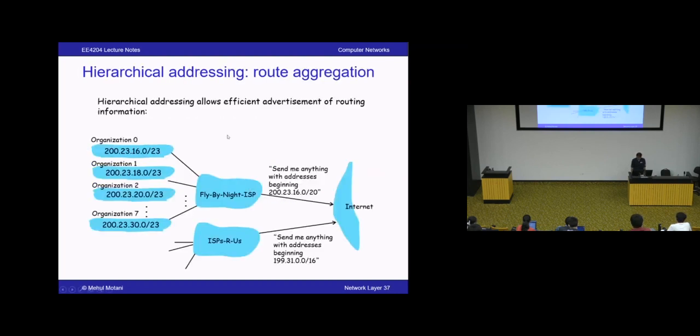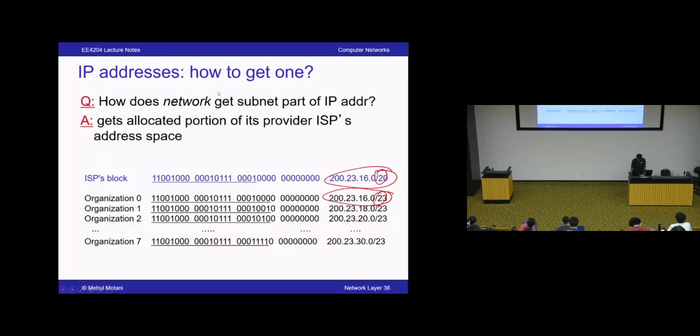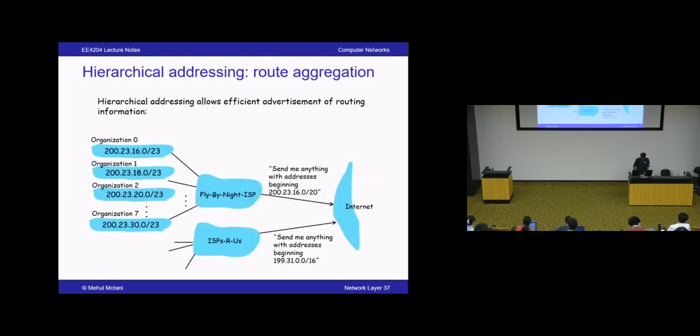Okay, then, maybe a little bit about how this helps you, right? This way of assigning addresses is very helpful because if somebody wants a route to organization 0, they only need to know the subnet ID of organization 0, which is these first 23 bits, right? So for example, all these organizations, this is my ISP here, okay?